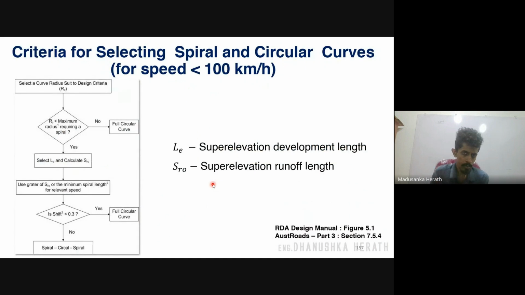So this is the design process of designing a horizontal curve, right? So we select the curve radius for the design criteria. Then we check whether this RC is less than the minimum radius requiring a spiral.